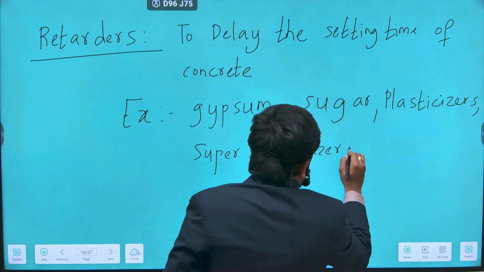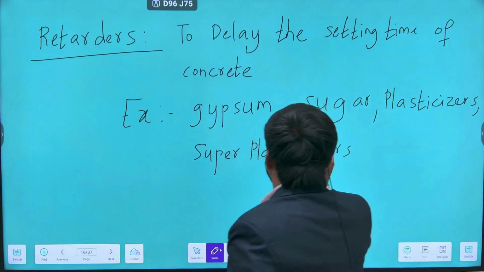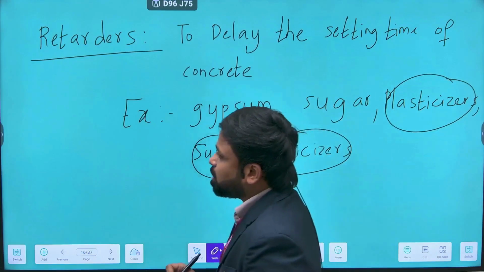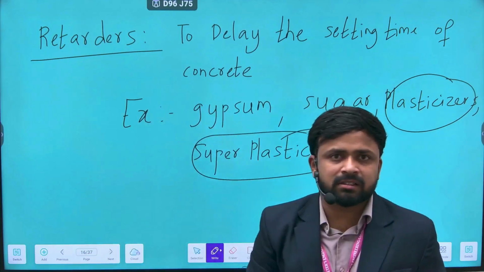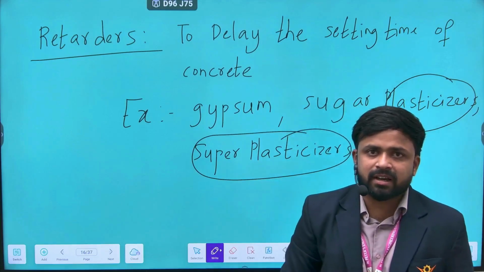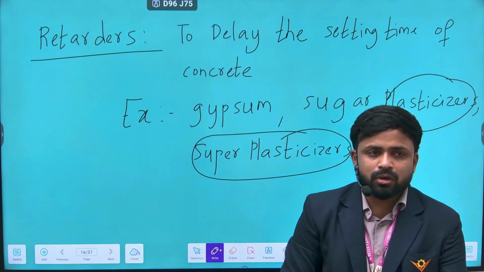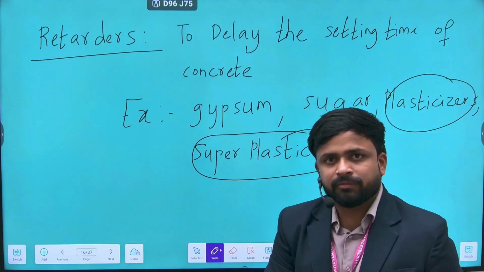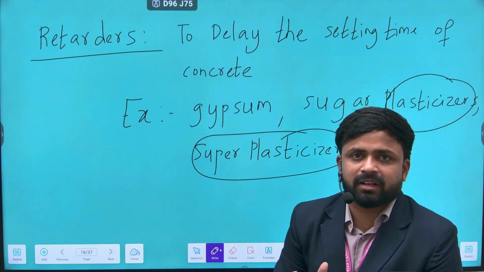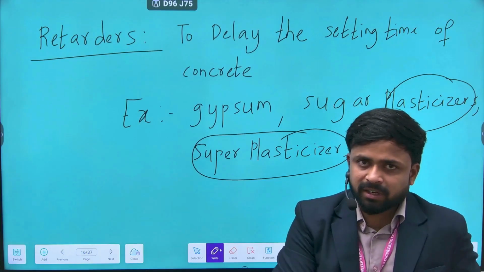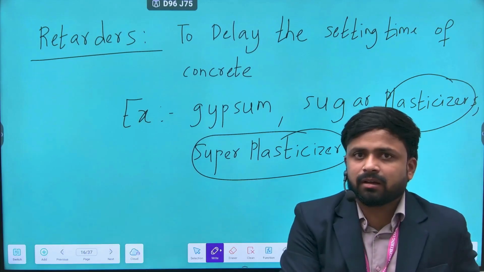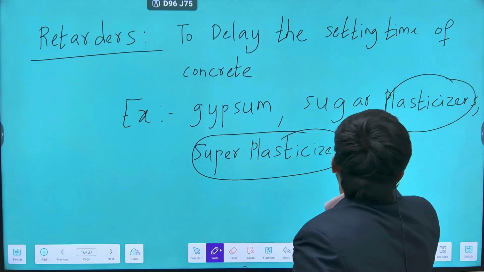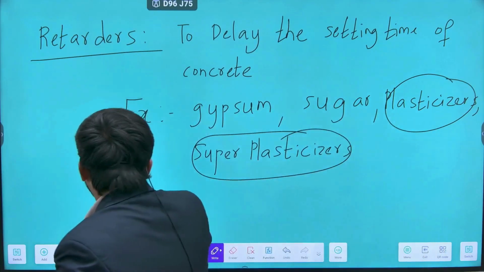Yes, plasticizers and super plasticizers can also act as retarders in the concrete. So indirectly, if you are adding plasticizers and super plasticizers, we are delaying the setting time of concrete. If you are delaying the setting time of concrete, we can have the same amount of workability we have with the initial concrete. So yes, these are gypsum, sugar, plasticizers, super plasticizers.